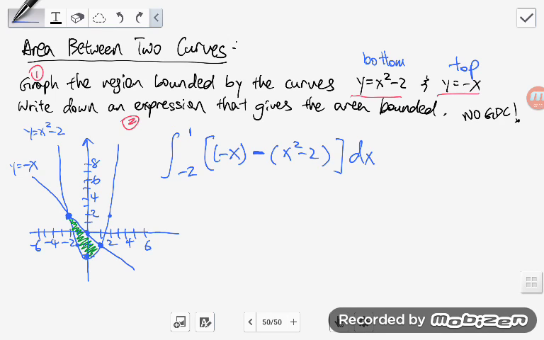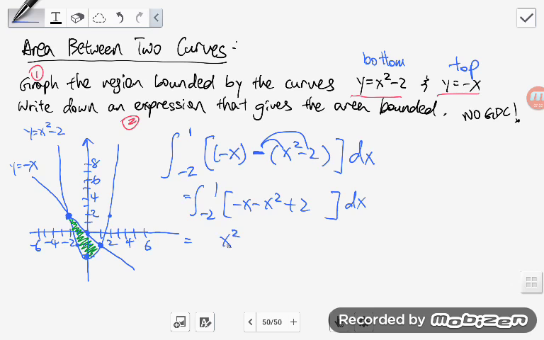Okay, so let's try to do this. So this will be equal to the integral from -2 to 1. Let's simplify whatever's inside: -x minus x squared plus 2, distribute, dx. Now I can just find the integral respectively.